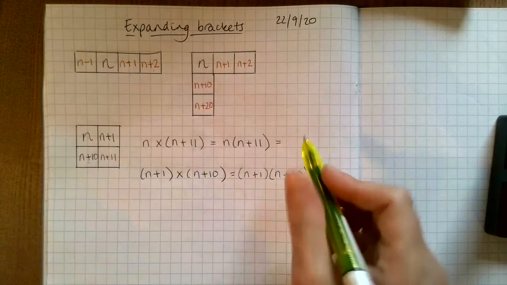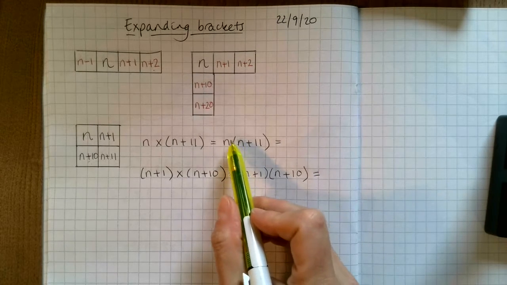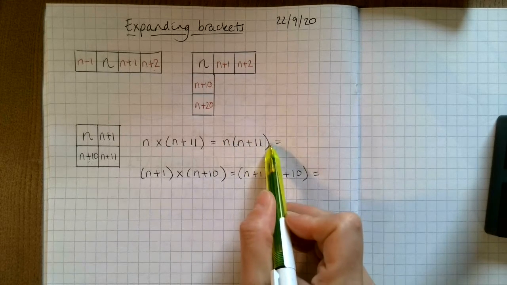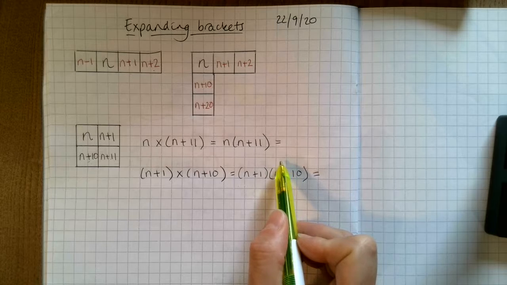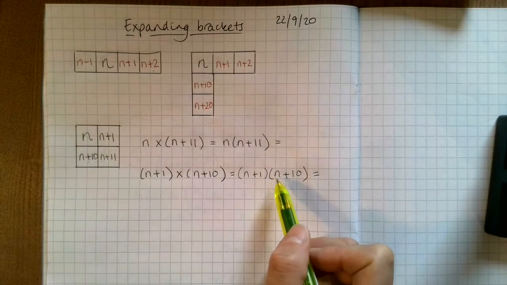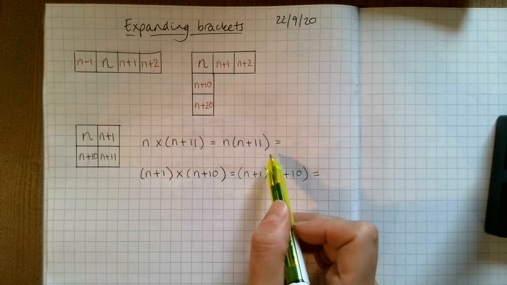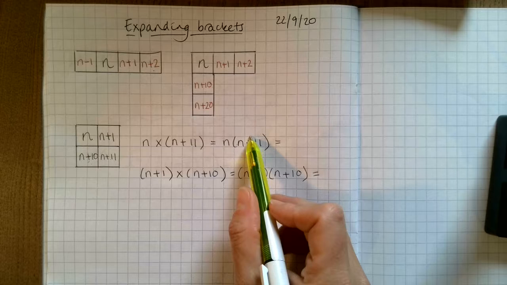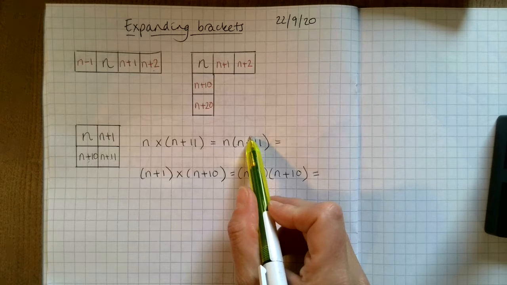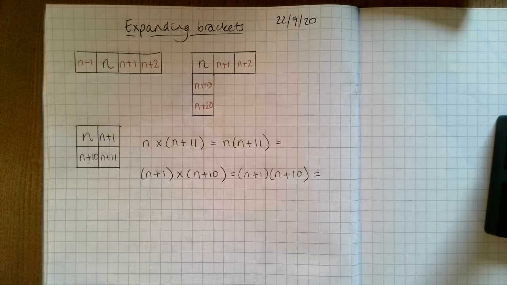So what this lesson is going to be practicing is multiplying things like this or multiplying things like this. Things like this, we're going to go through an example here, and things like this we're going to go through an example afterwards as an extension.